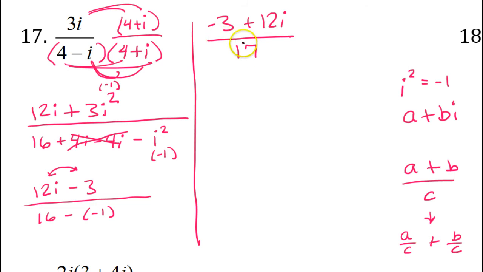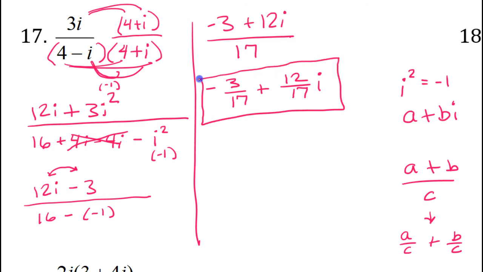So what you should do is separate this into two terms. So this will become negative 3 over 17 plus 12 over 17, and I'll just go ahead and put the i off to the side. So you can see that it is now in standard form. So that would be your answer to number 17.